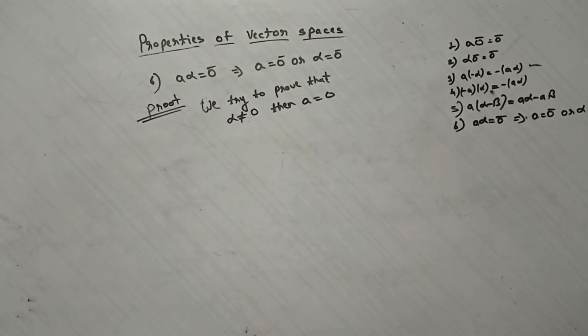Contradiction simply means we assume something wrong, and then by processing it mathematically, our result comes around to a contradiction.